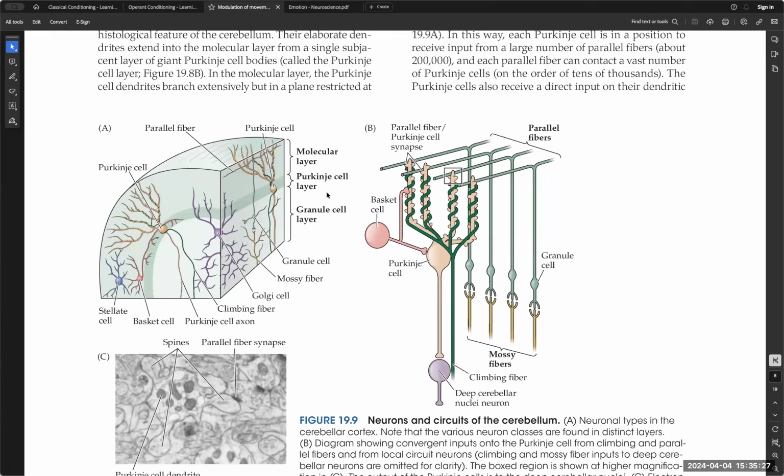Based on that, I have activation of the Purkinje cell to modulate the output, which is the deep nuclei of the cerebellum.